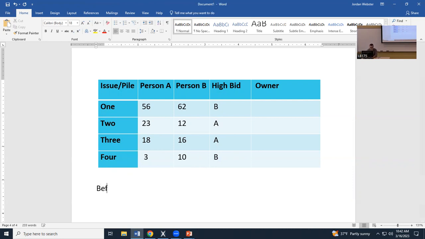Now notice that before the adjustments, A has only 23 plus 18, which is 41 points. B has 62 plus 10, which is 72 points. That's a difference of 31.